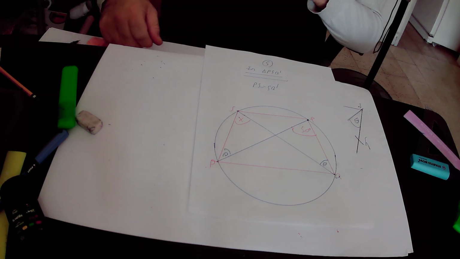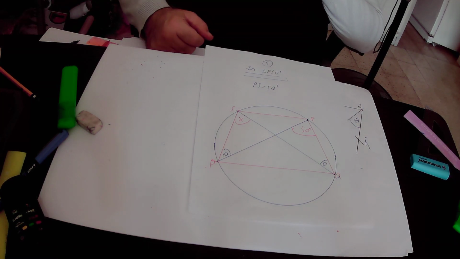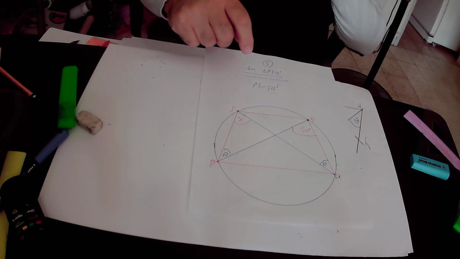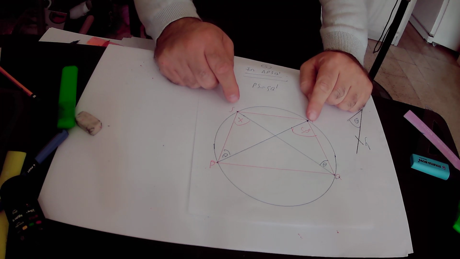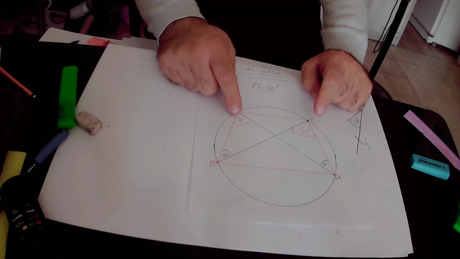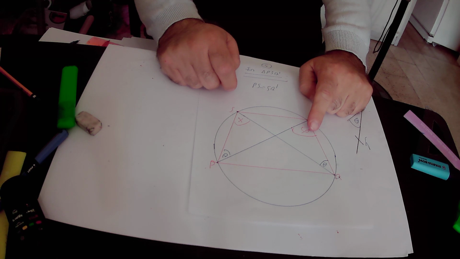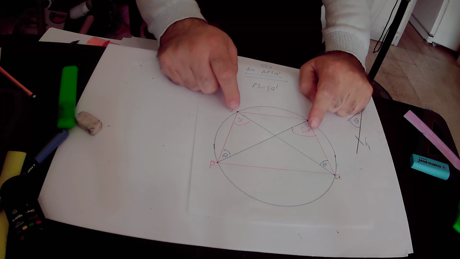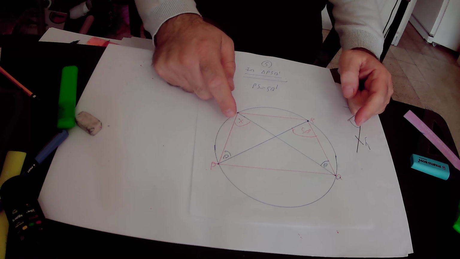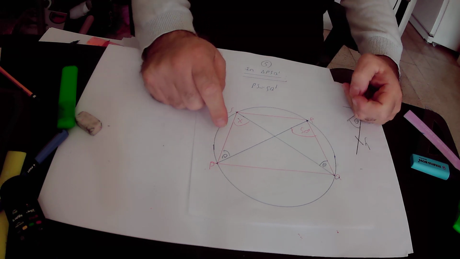And as you can see from the drawing, we have here two peripheral angles, peripheral angle X and this peripheral angle that equals 50 degrees, and they subtend on the same chord PQ.